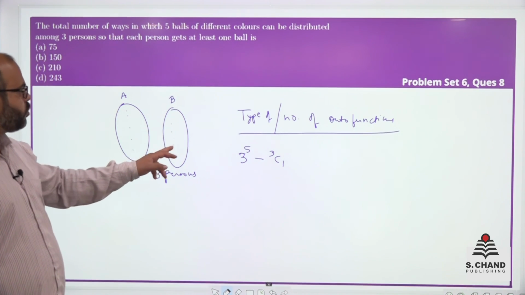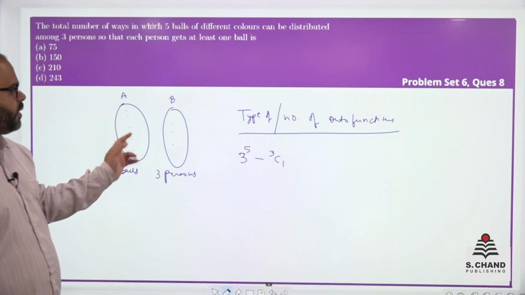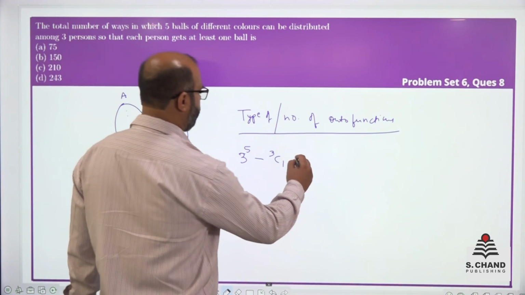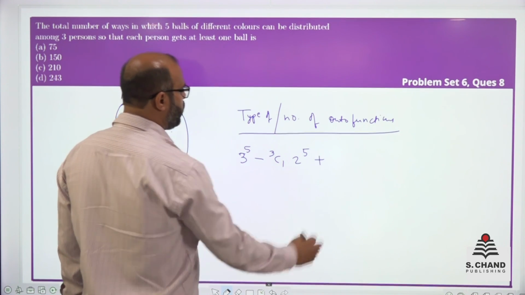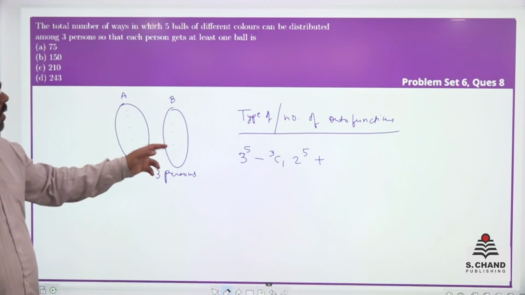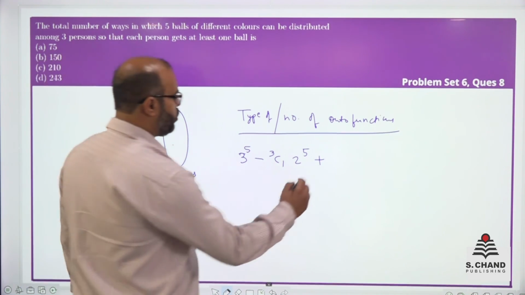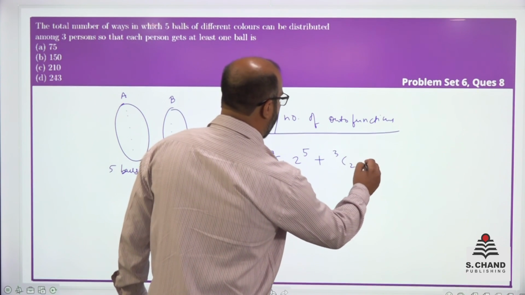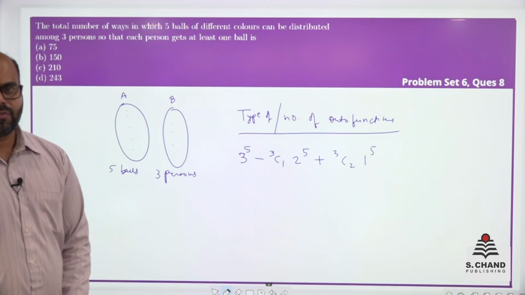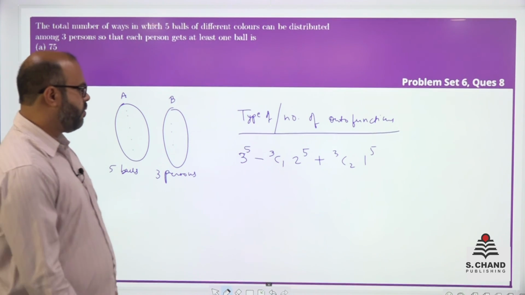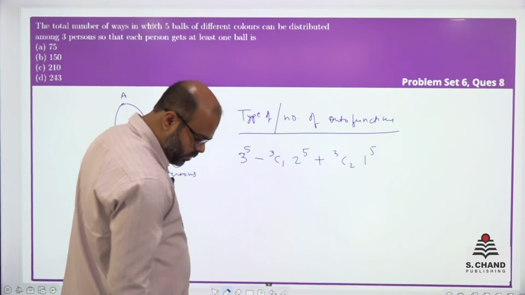Now among the rest 2, the distribution is to be done in 2 to the power 5 ways. So inclusion, then exclusion, then inclusion. Now 2 are not allotted any ball. So 3C2 ways, and the 5 balls will be given to only 1 person, 1 to the power 5.